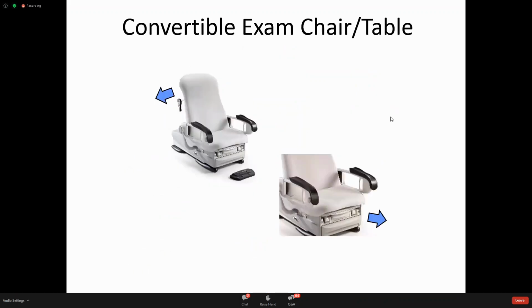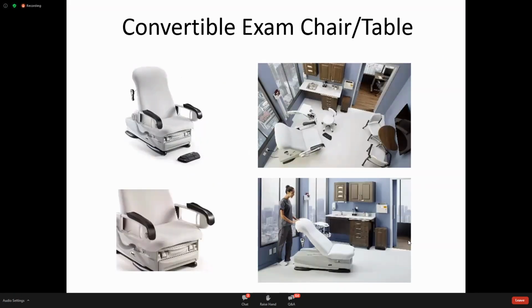Now I'm going to go back to the exam room. We're going to talk about the convertible exam chair. This is a whole other layering over this topic. Many of you have probably already run into this. A new generation of exam tables actually starts out very much looking like a chair.